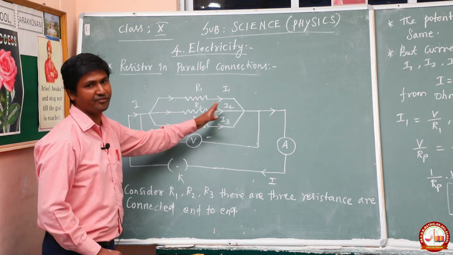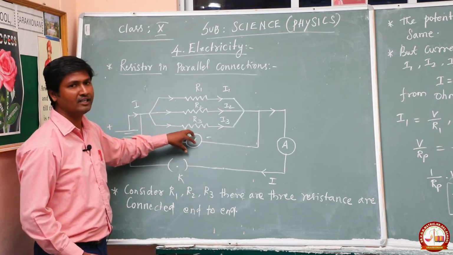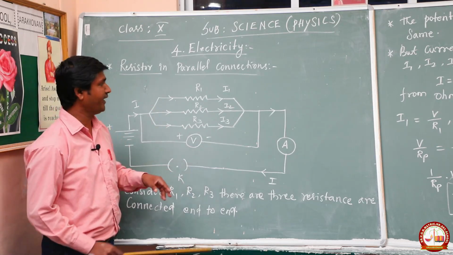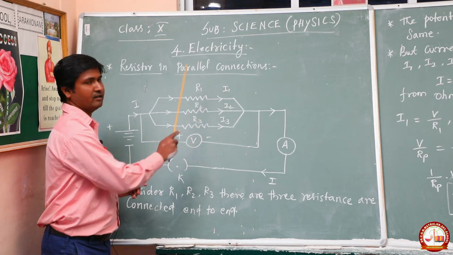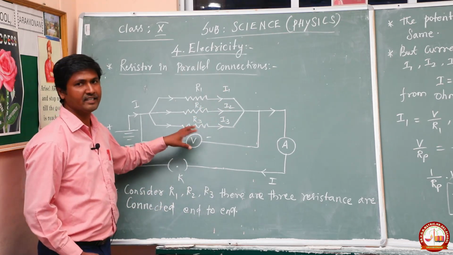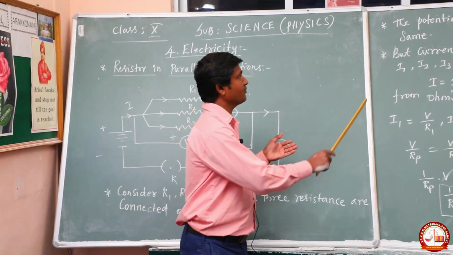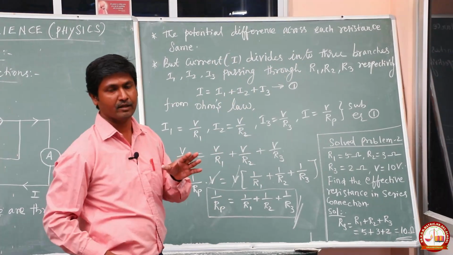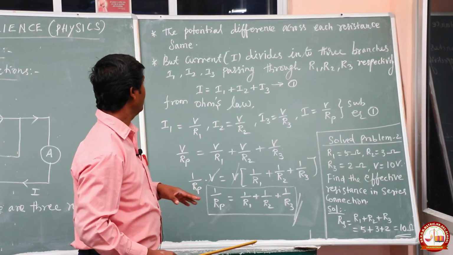So the current is different, but the potential difference is the same. The voltmeter shows the potential difference is the same. So first identify: current is different, but potential difference V is the same across each resistance.